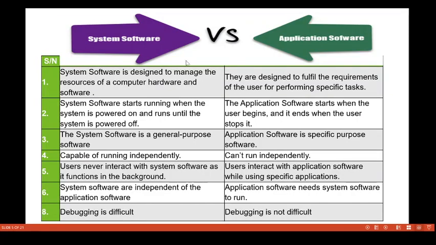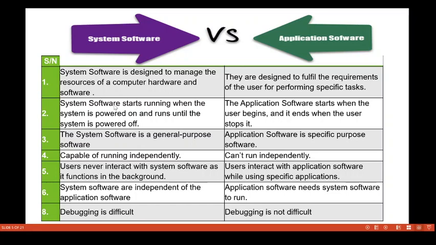Let's see the difference between system software and application software, or system programming and application programming. Here are eight differences between the two types of software. System software is designed to manage the resources of computer hardware and software, while application software has been designed to fulfill the requirements of the user for performing a specific task, just like I mentioned in the previous slide.